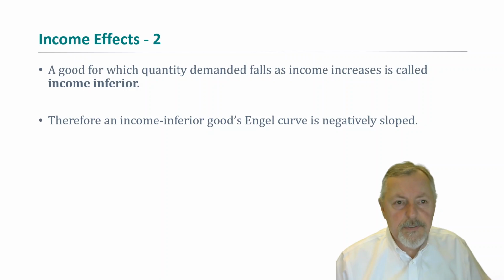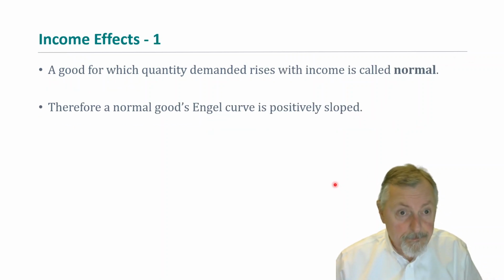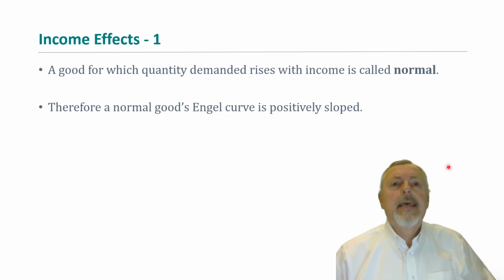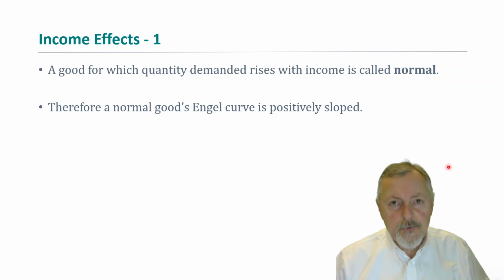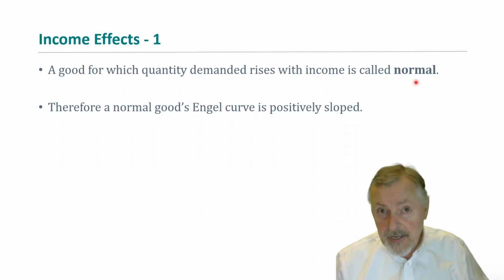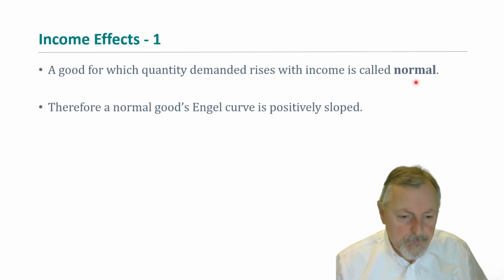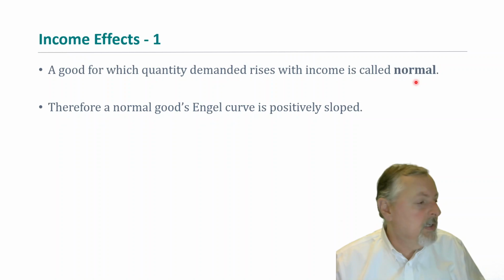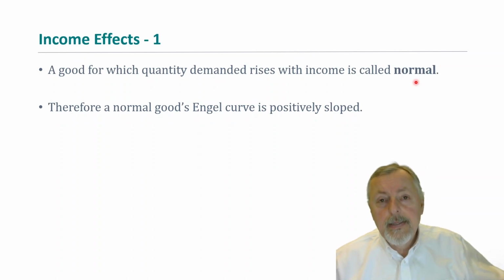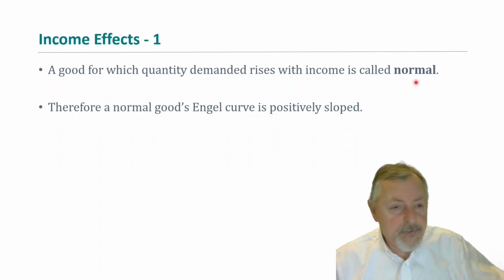For normal goods, if you consume more of something when your income goes up, we call that a normal good. We call it normal because that's the way most goods behave. If you don't like something, you wouldn't take it for free, so you're not going to be buying it.